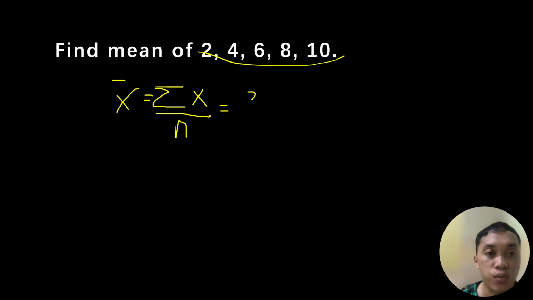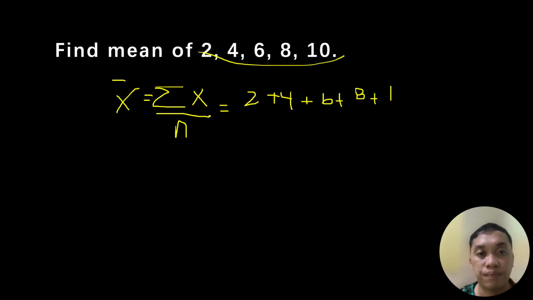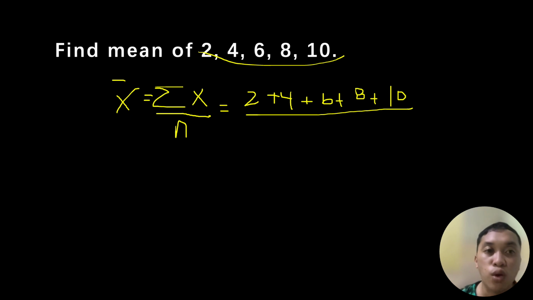So we have 2 plus 4 plus 6 plus 8 and lastly plus 10. And then n will be the total number of samples. So we need to count 1, 2, 3, 4, 5. That means we need to divide the sum of these samples by 5.